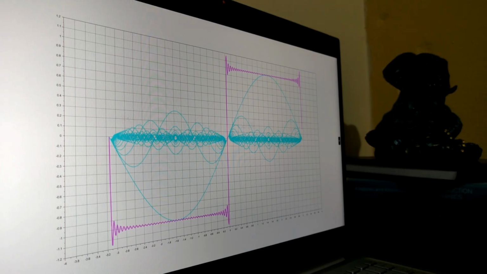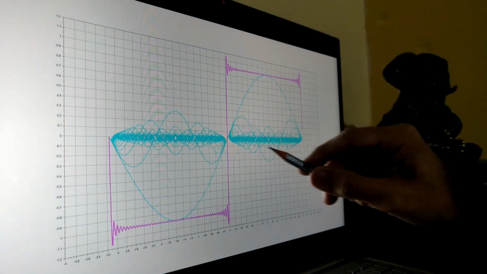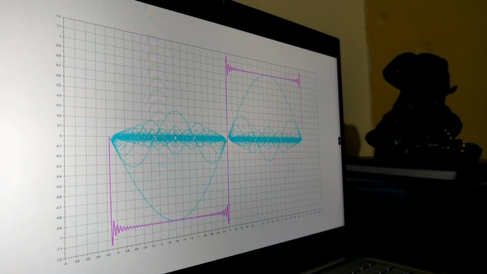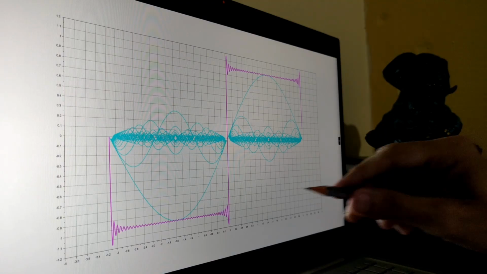And we are trying to write the square wave in terms of sine waves. And sine waves, they have finite slopes. Sine functions are smooth. They go smoothly. They do not jump like this.